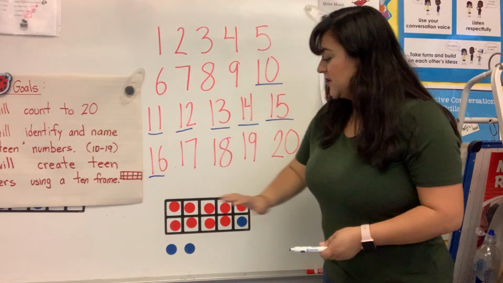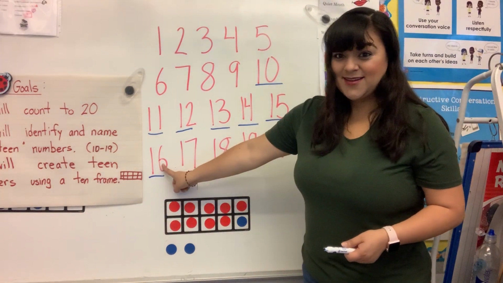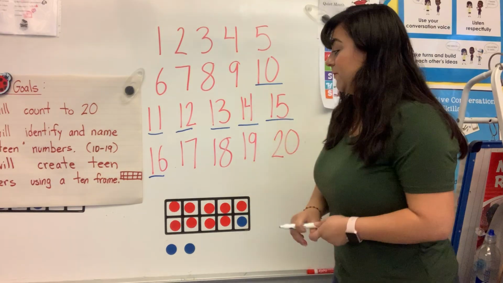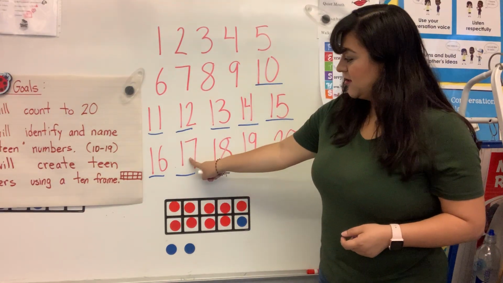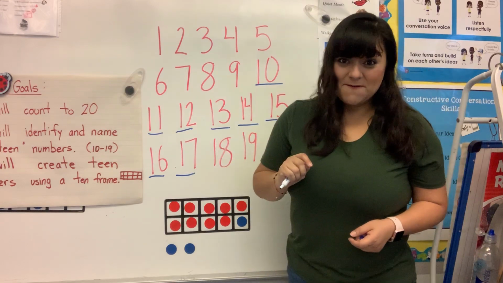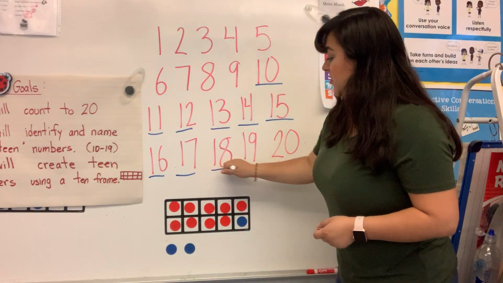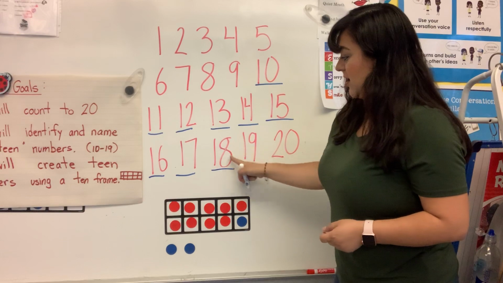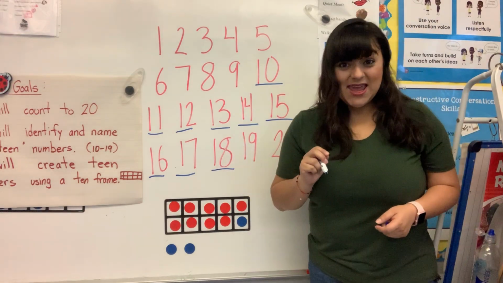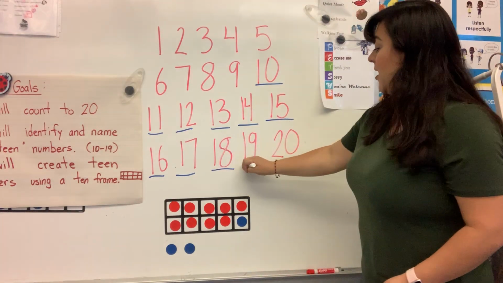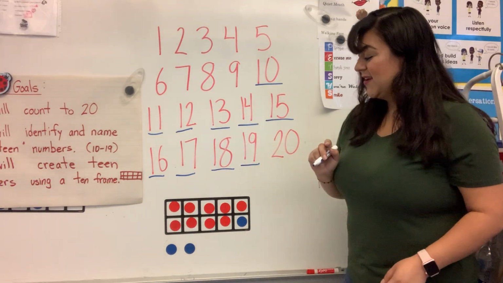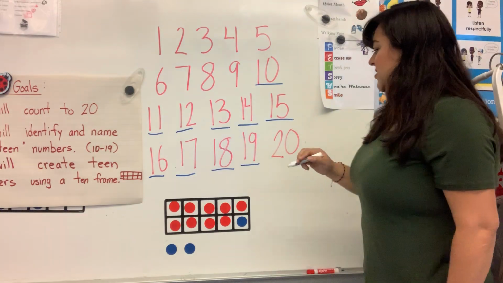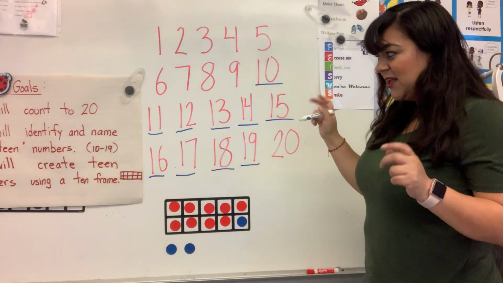16 has 10 and 6 more. 17 has a 10 and 7 more. 18 has 10 and 8 more. 19 has 10 and 9 more. Now, is 20 a teen number?